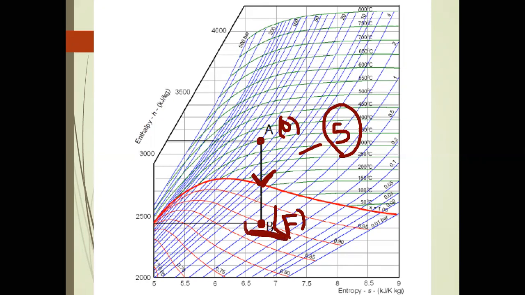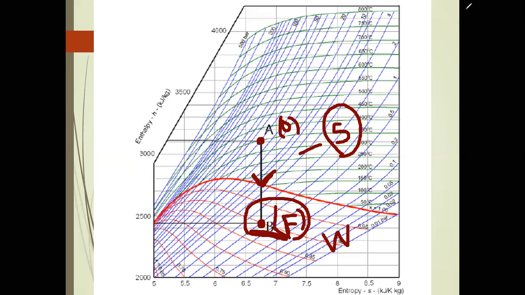So the final condition of the steam will be wet steam, because it has crossed the dry steam line and entered the wet steam region.